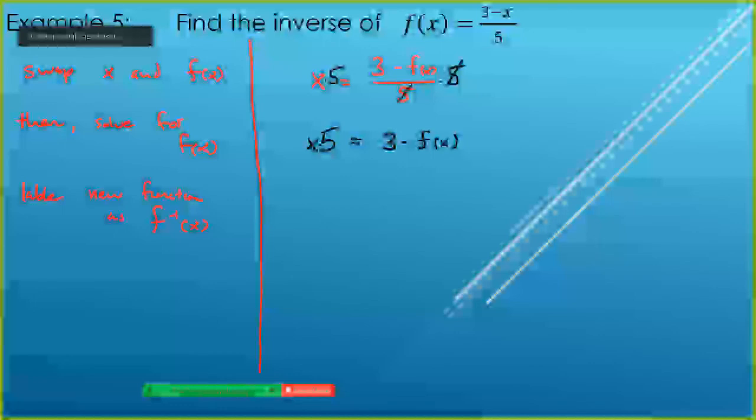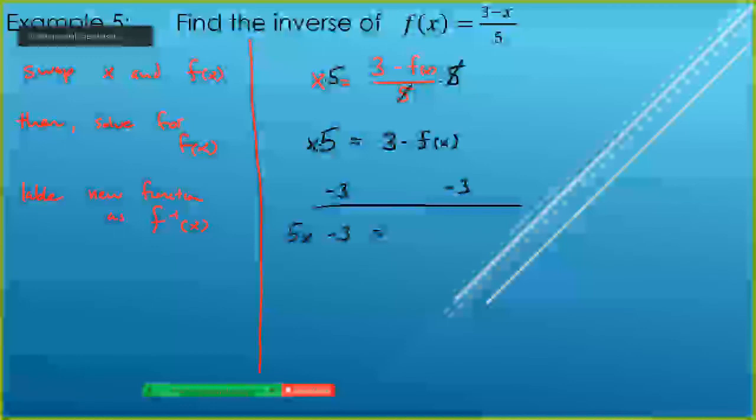Okay, now we can subtract 3, and it'll actually work with the positive 3 that we already have there. So I'm minusing 3 from both sides. And while we're at it, folks, I'm going to write this as 5x instead of x5. So 5x minus 3. Remember, they're being multiplied, right?